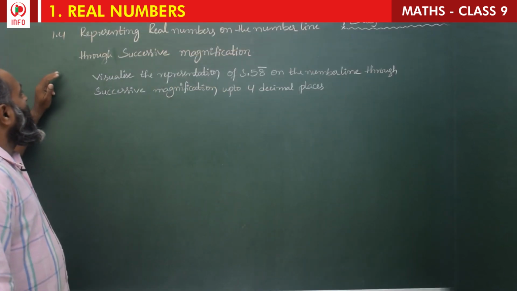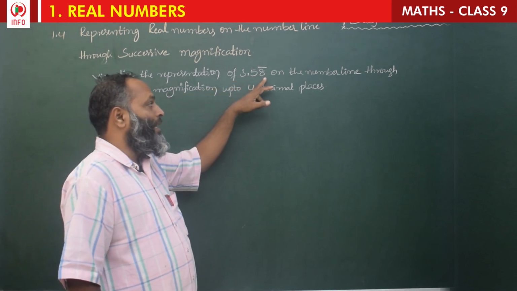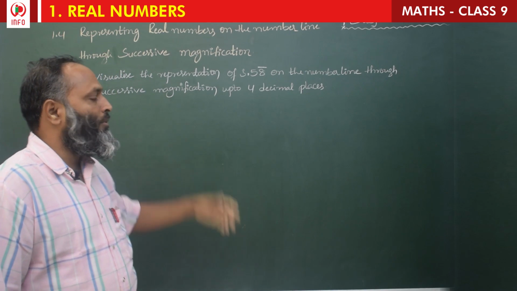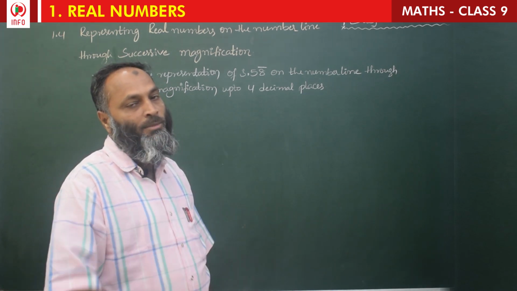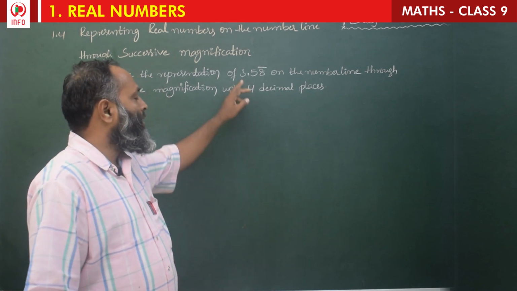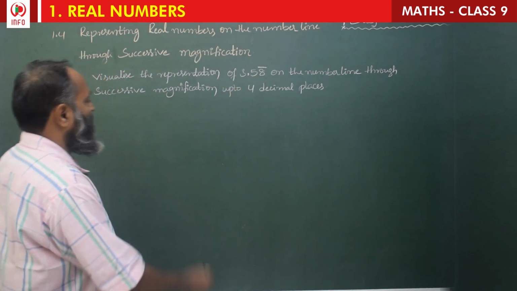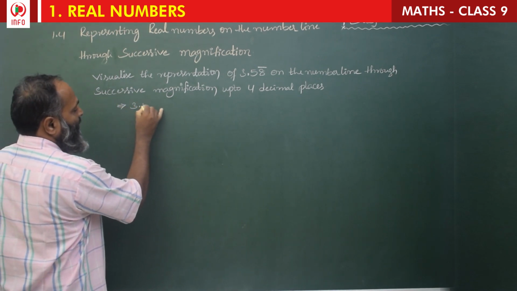So now the next question: visualize the representation of 3.58 bar on the number line through successive magnification up to 4 decimal places. Up to 4 decimal places we need. So the decimal given is 3.58 bar. What is 3.58 bar?